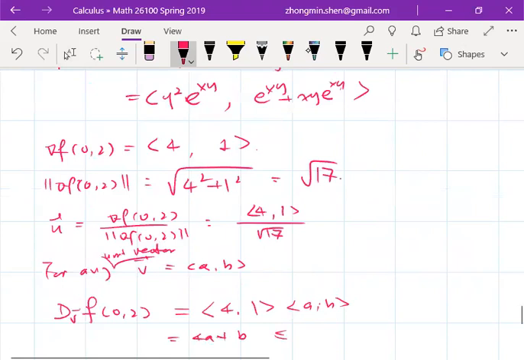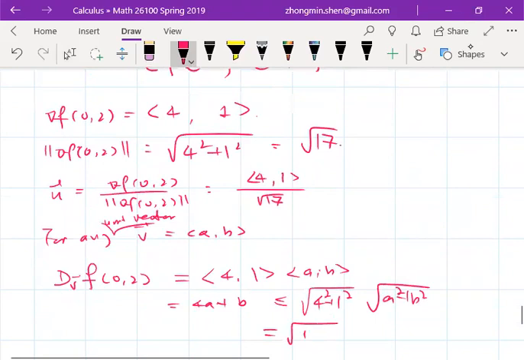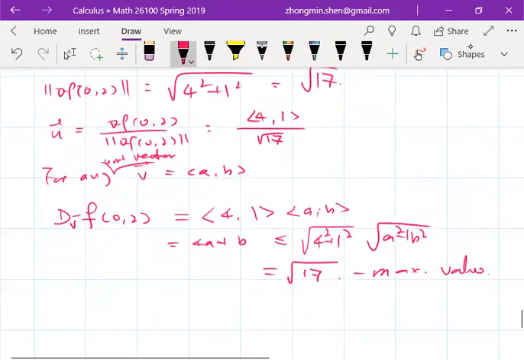As I told you, this must be less than or equal to square root of 17. Okay, this is the arbitrary one. It's going to be square root of 17, by the Cauchy-Schwarz inequality, square root of 4 squared plus 1 squared times square root of a squared plus b squared, but that is 1. It's going to be square root of 17. So this is the maximum value among all the possible values of the directional derivative.